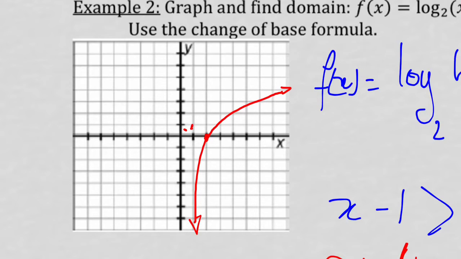And we have the range, which is negative infinity to plus infinity, all real numbers. I can see that my range is read this way, when my domain is right here, and my domain, we said, is 1 to plus infinity.